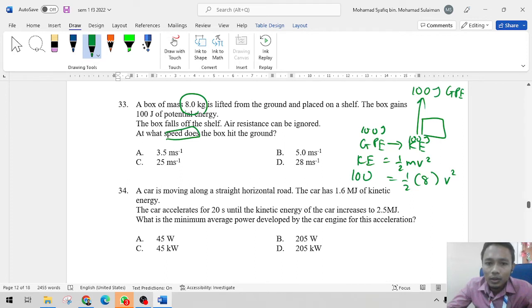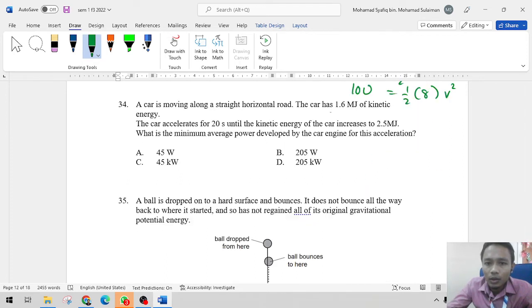Number 34, we have a car with kinetic energy 1.6 million, it accelerates for 20 seconds, and the kinetic energy of the car increases to 2.5 million. Minimum average power developed: power is equal to energy over time.